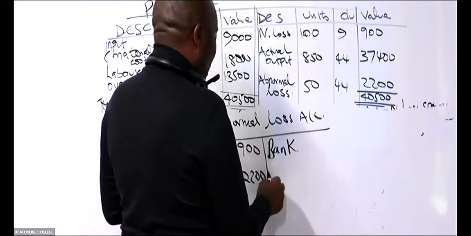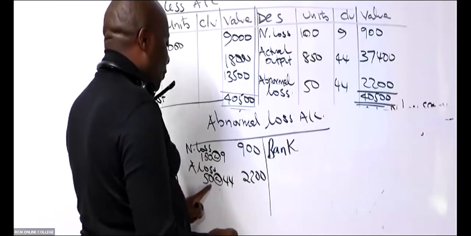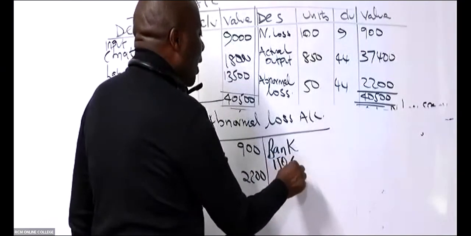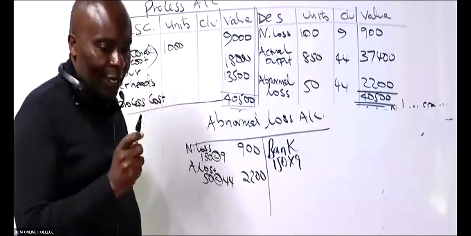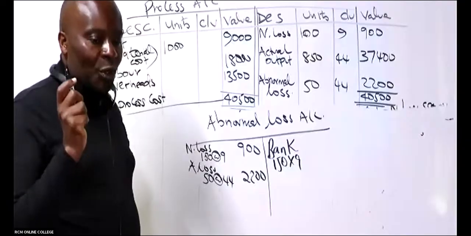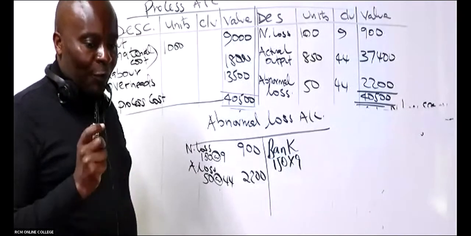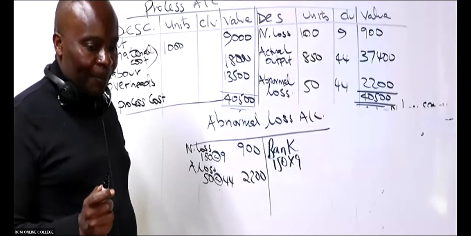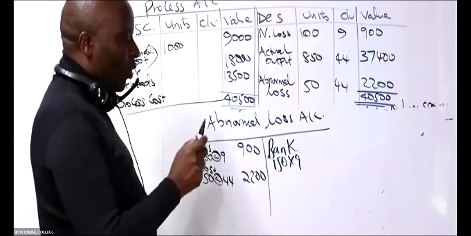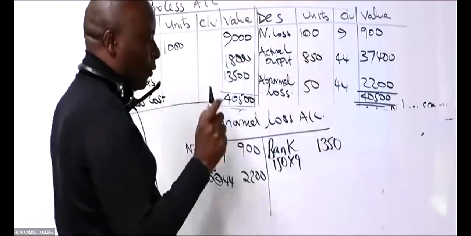The total here is 150. Don't forget to scrap them at the scrap value given. So 150 times 9 gives me a figure of 1,350.